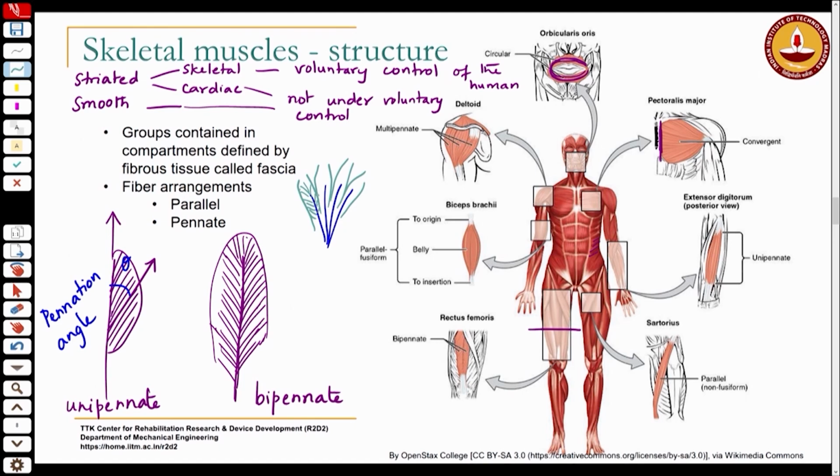That is how the deltoid muscle structure is. And all these tendons meet together here. So, this is the multipennate arrangement of the deltoid.